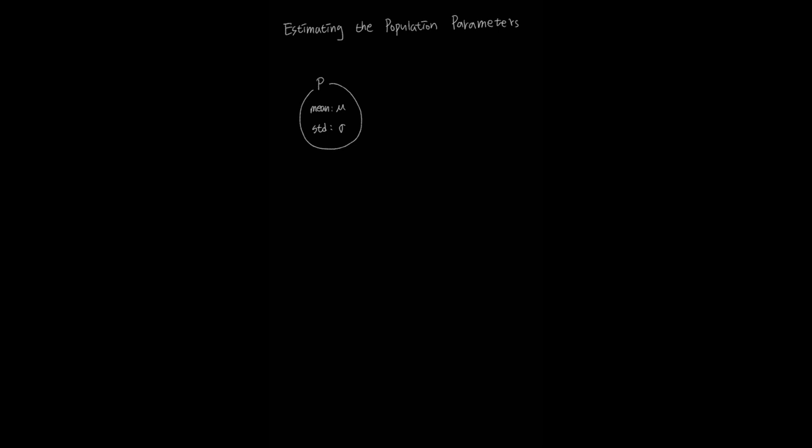The best thing that I could do is go out and investigate every single person in this country, and then I get the data and put it in Python or R, and ask it to calculate the mean and standard deviation. Then I'll be very happy with that.